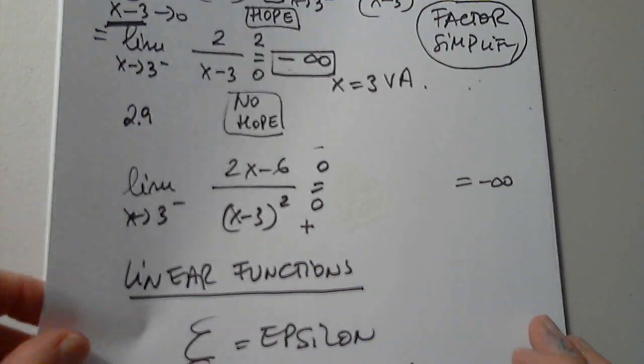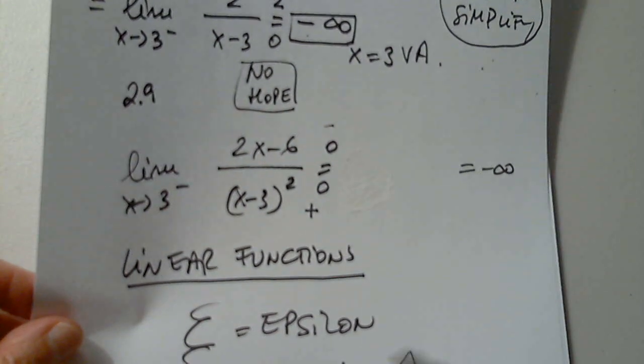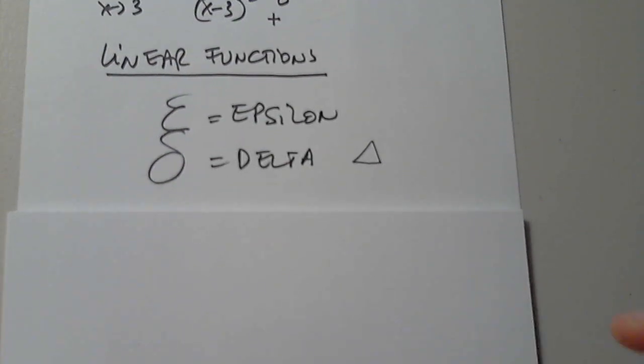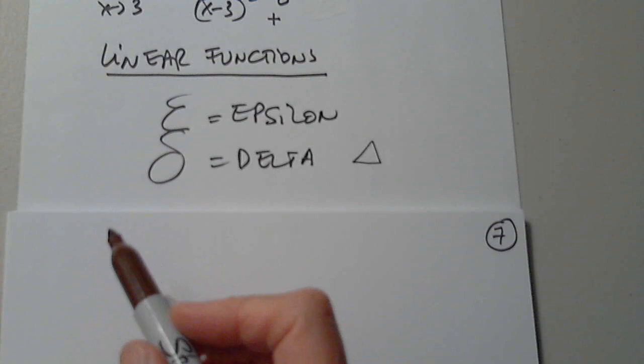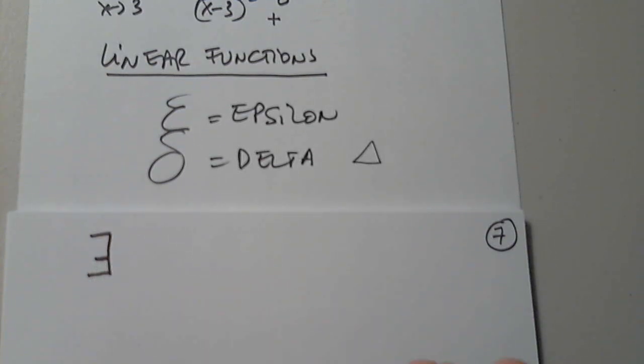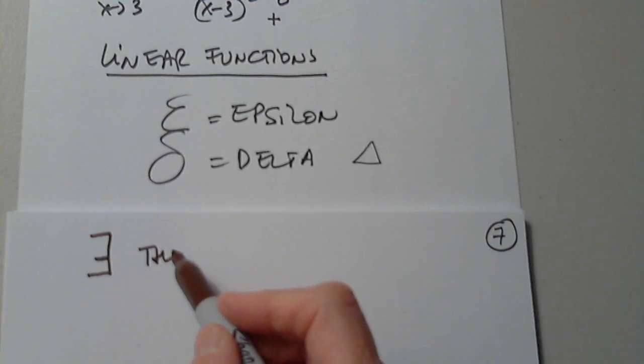Okay, so what is all this? First, I want to teach you a couple of mathematical symbols, very widely used, because they will make the definition much easier to write. We always have to write the definition when we show the precise definition of the limit. So here's one: there exists.